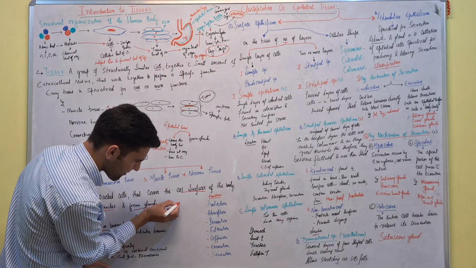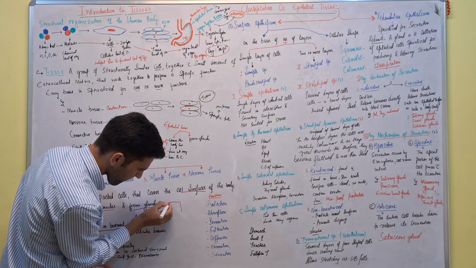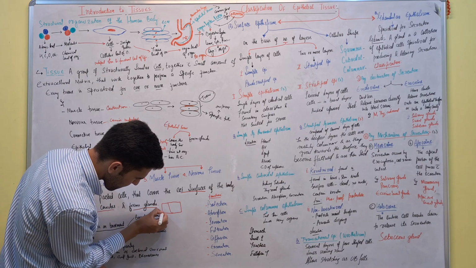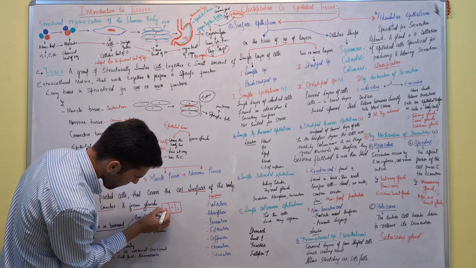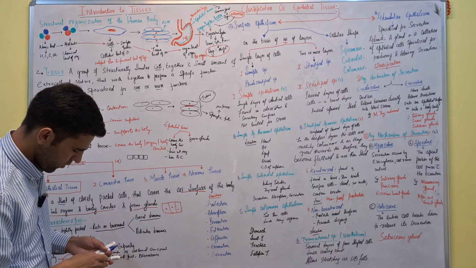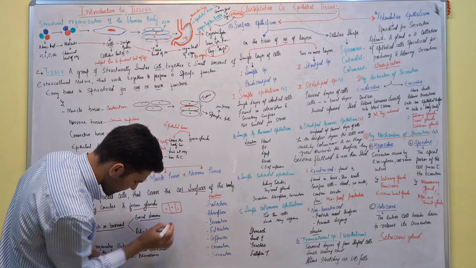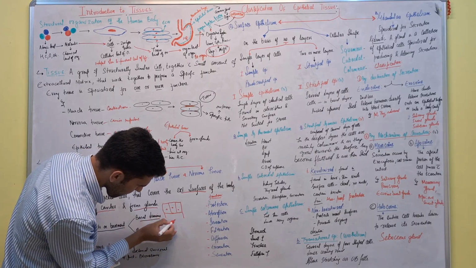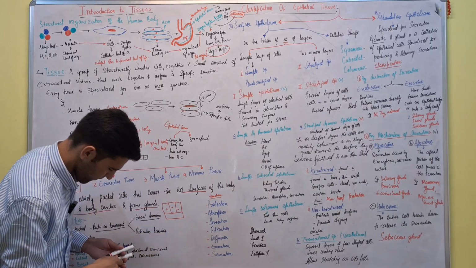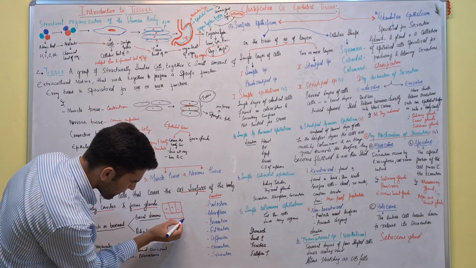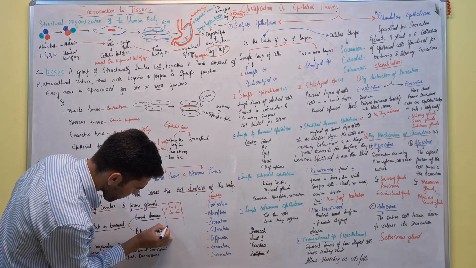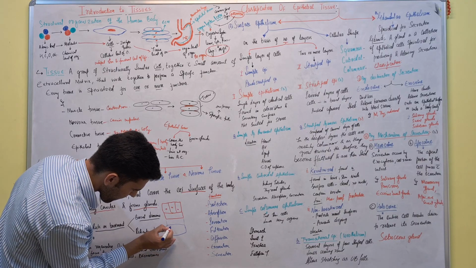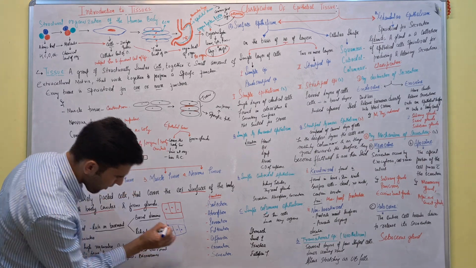What actually is this? For example, if this is the epithelial tissue, and it has a basement membrane, and we have connective tissue.